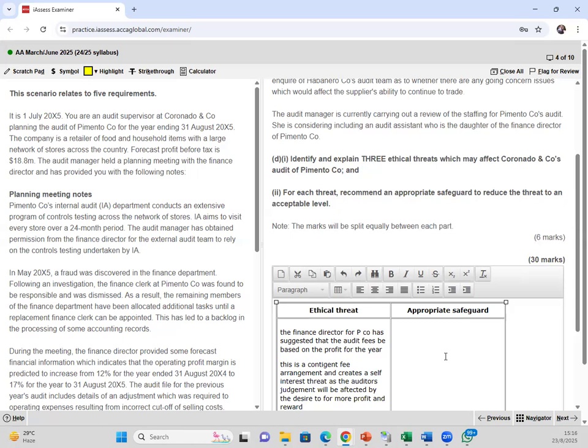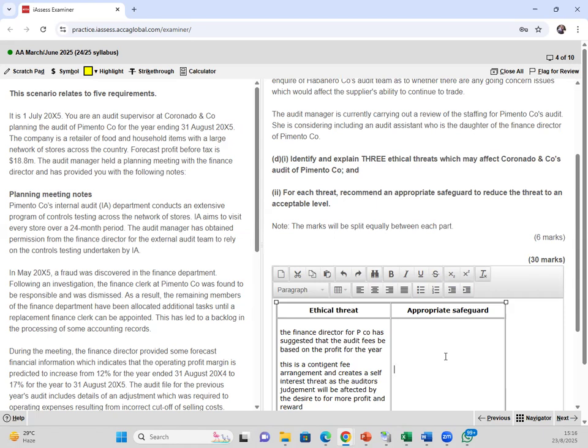The auditor should discuss with the management about their fee, which states that auditors should not accept contingent fees.